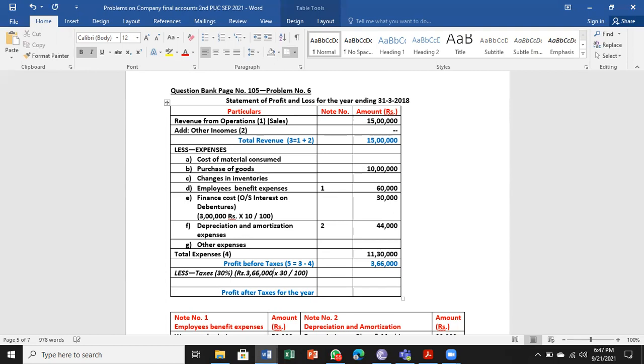So this 3,66,000 is to be taken for the calculation of tax at 30%. So 3,66,000 into 30% is 1,09,800.